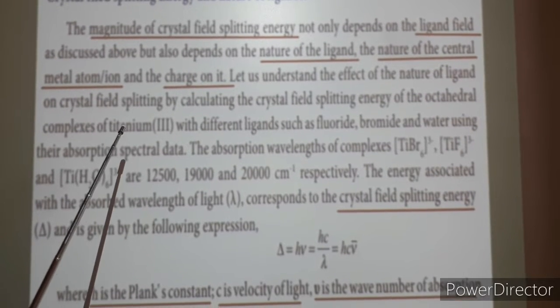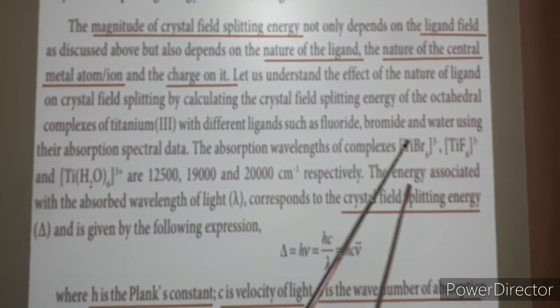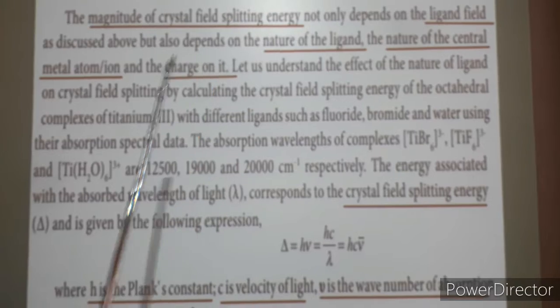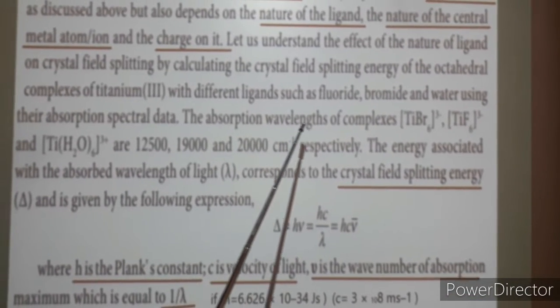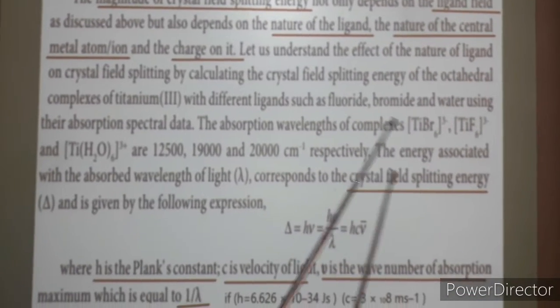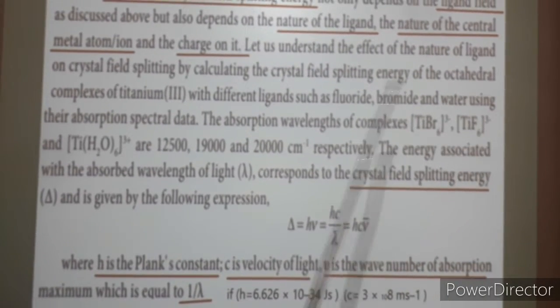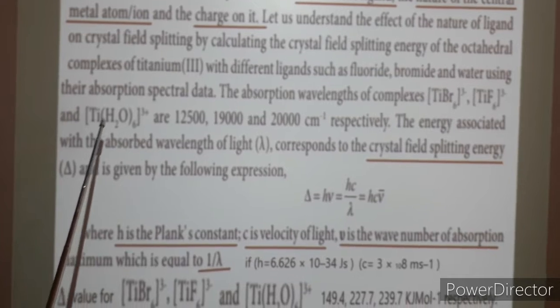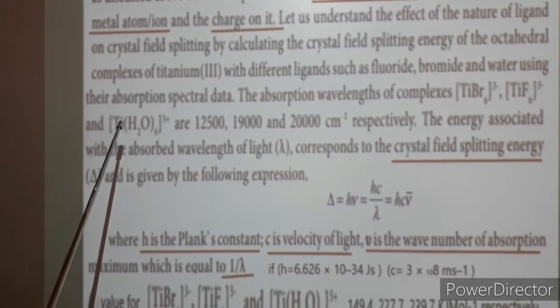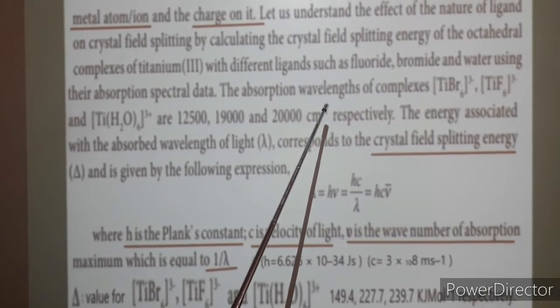Now see that titanium forms complexes with bromine, fluorine and water, and the absorption wavenumber of the complexes is given. For titanium hexabromide it is 12,500, titanium hexafluoride is 19,000, and titanium hexaaqua is 20,000 centimeter minus 1.